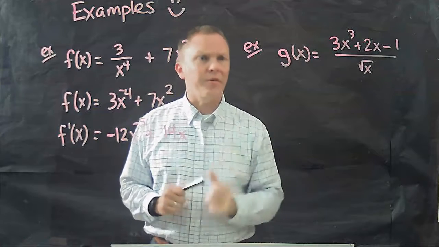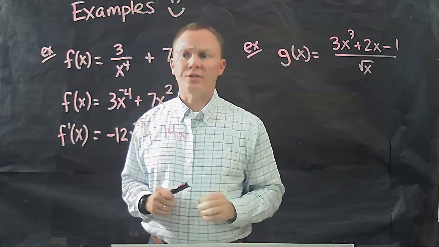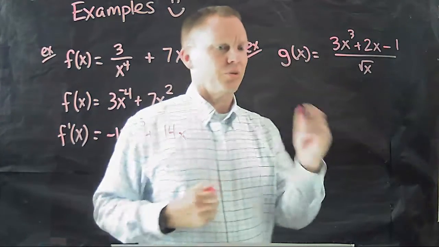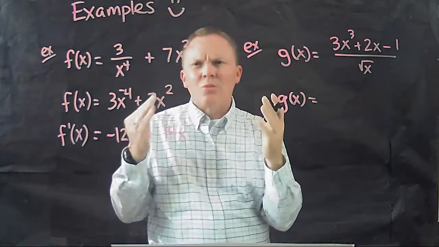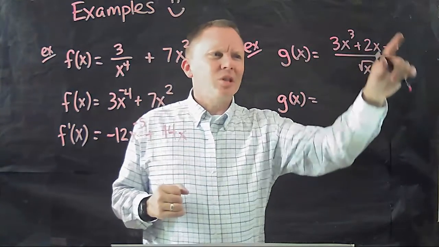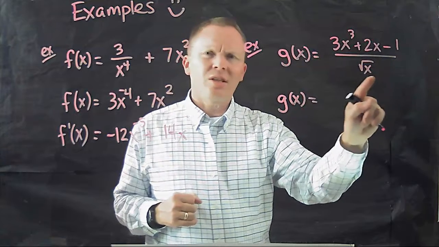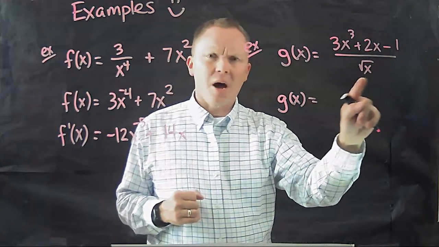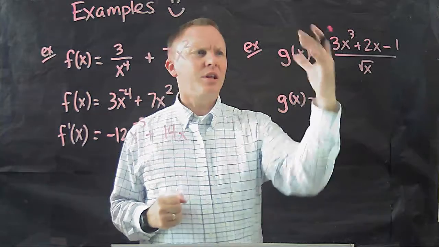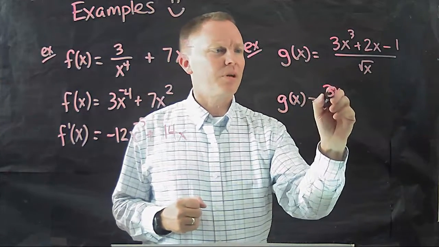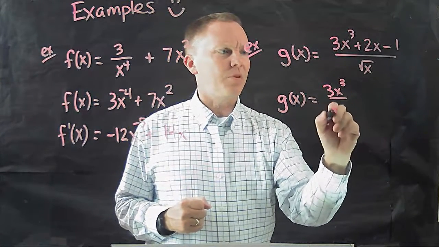So in order to take the derivative of this guy, we're going to have to rewrite this function. Don't hesitate to rewrite things. And this is almost a rule of thumb, guys. Anytime you're dealing with a function that just has a single term in the denominator, like a monomial in the denominator, nine times out of 10, it's easier if you bust that thing up into separate fractions.